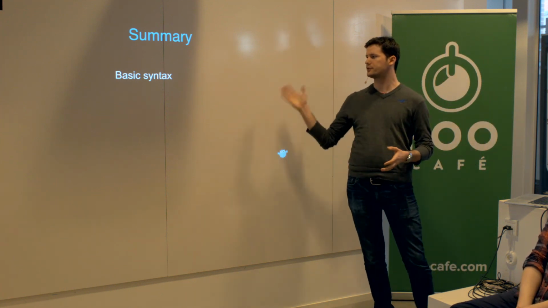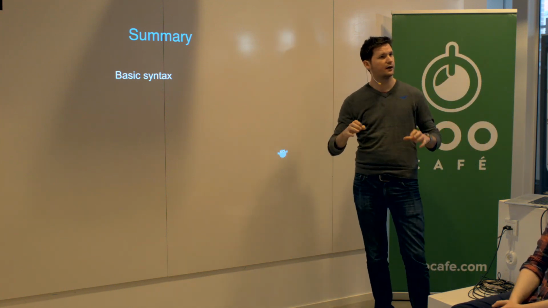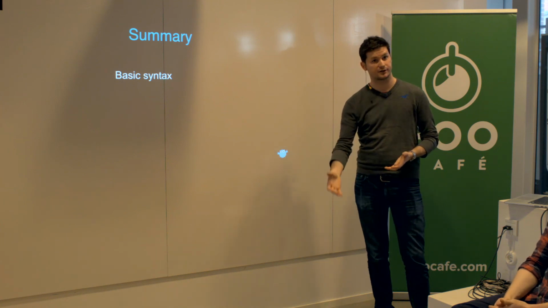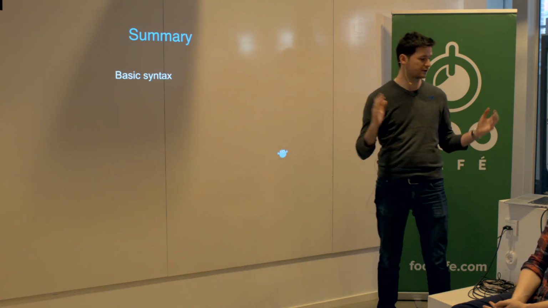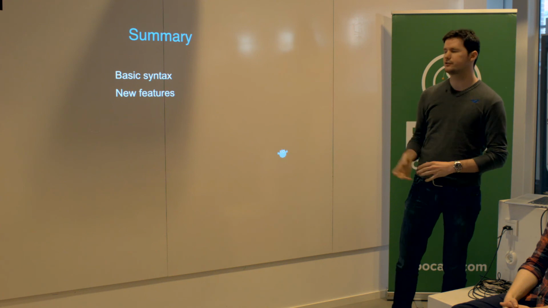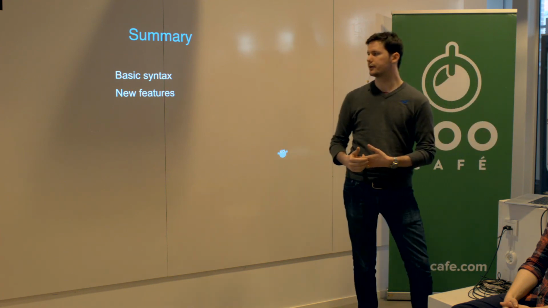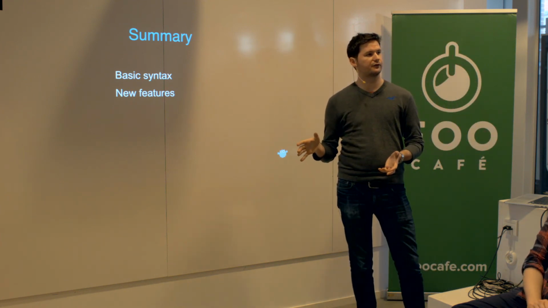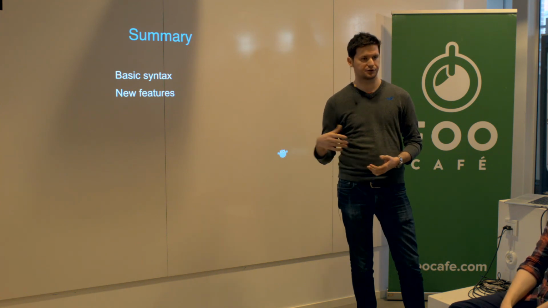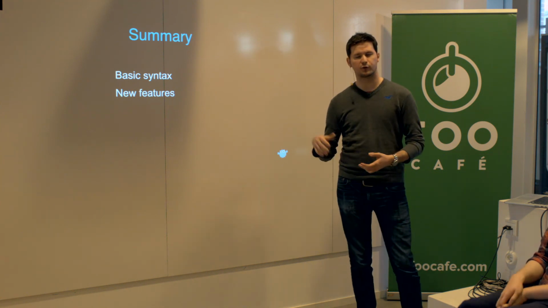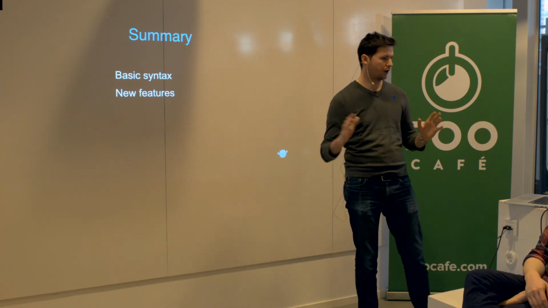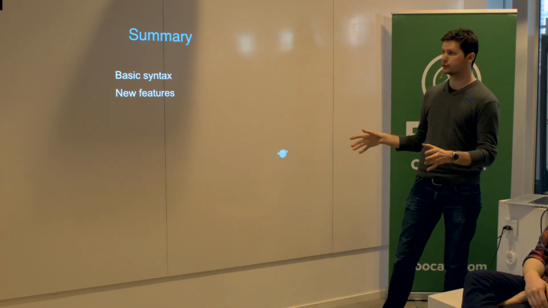So what we've gone through is the basic syntax of this stuff, how it looks, how we define constants and variables, arrays, strings, some new features, for example, that we can use any kind of type for an enum, associated values for enums. We have more powerful switch statements, we have tuples, we have closures.